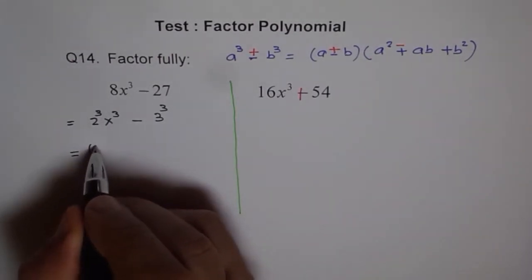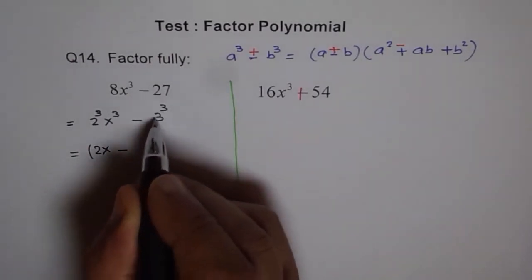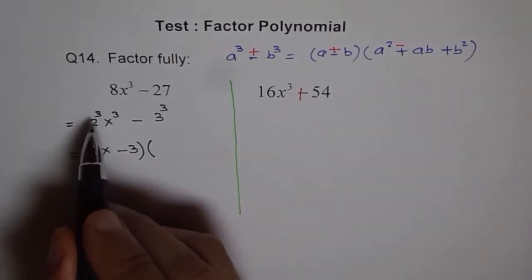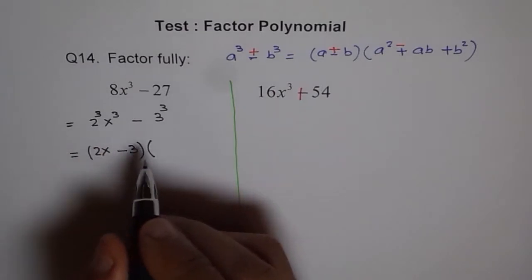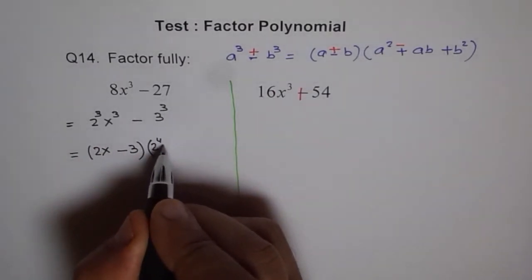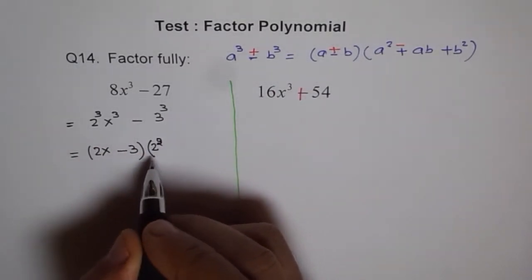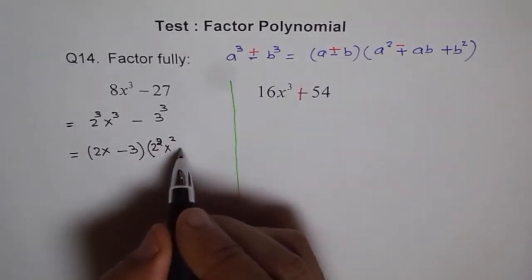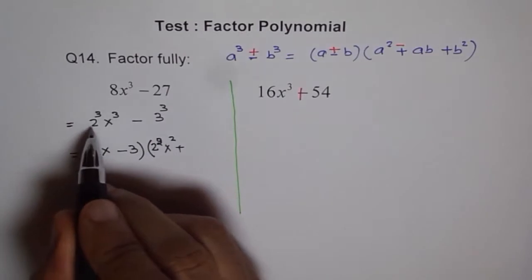So it is 2x minus 3 times a square. So 2 square x square. Don't forget to write 2 square. 2 square is 4. 2 square x square plus ab, that means plus multiply 3 and 2x.